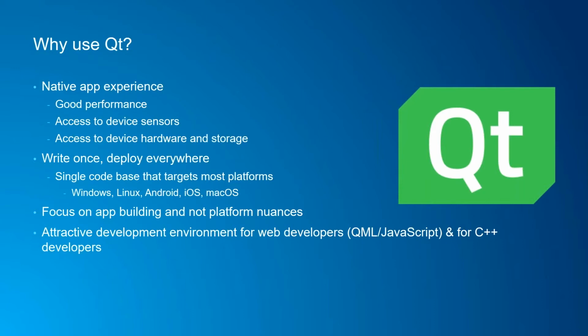You can access the hardware and the storage of the device through the Qt framework, and it handles a lot of the complexities of that for you. It allows the developer to write once and deploy and build to many different devices, whether those are running on Windows, Linux, Android, iOS, or Mac OS.